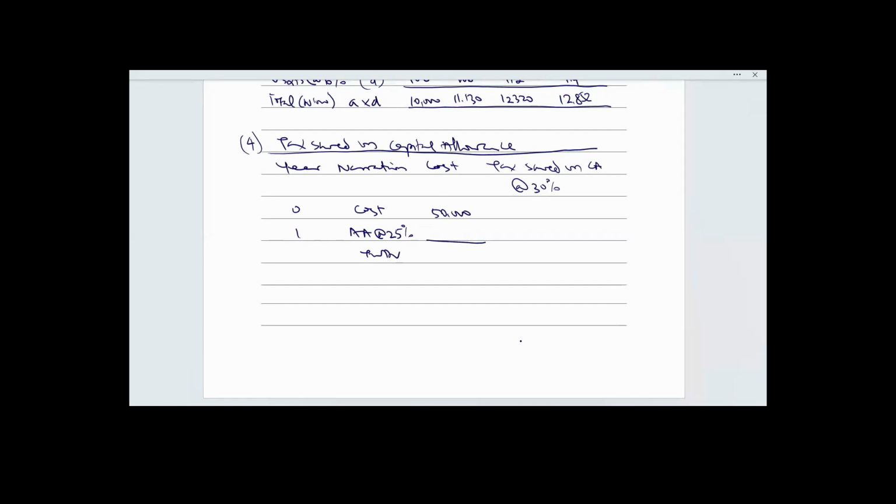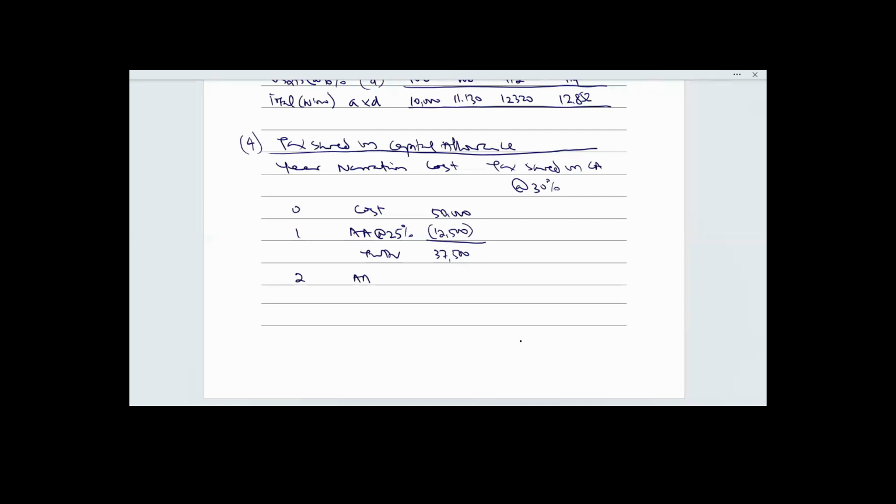So 25%, 0.25 multiplied by 50,000 equals 12,500. To find the difference, 37,500. So at the end of year 1, the tax written down value is 37,500. Move to year 2. The examiner told us that capital allowance can be claimed on a reducing balance basis at 25%.